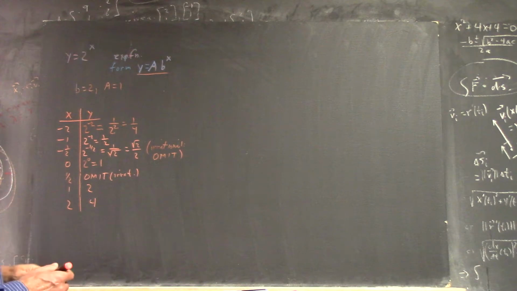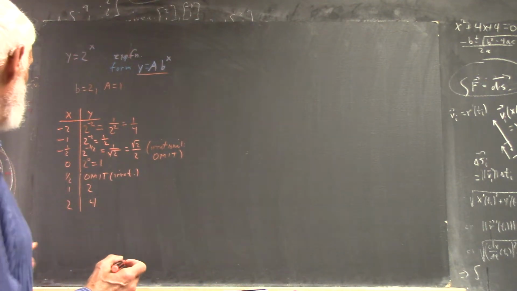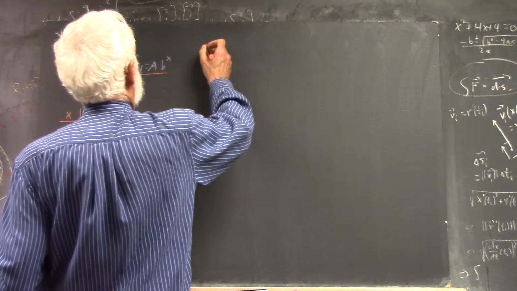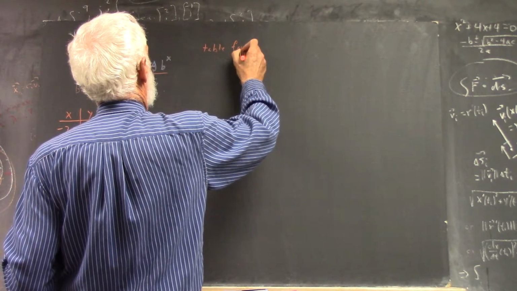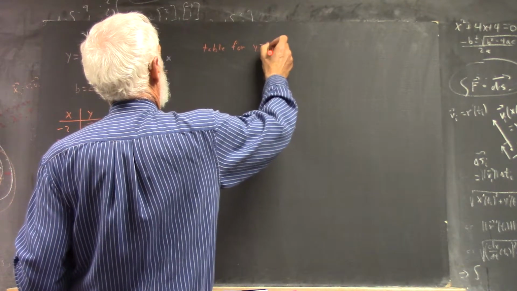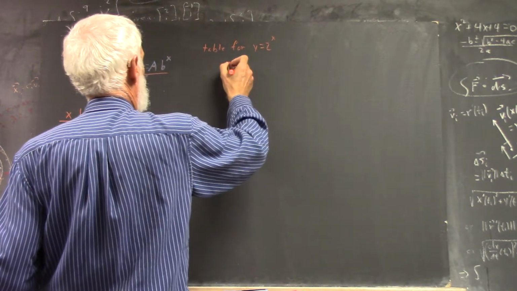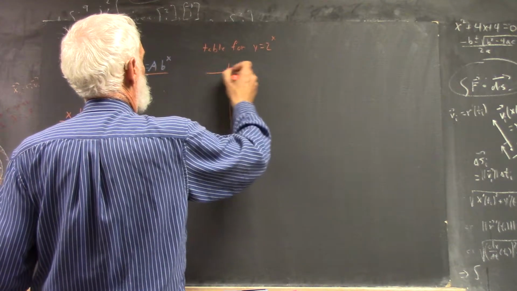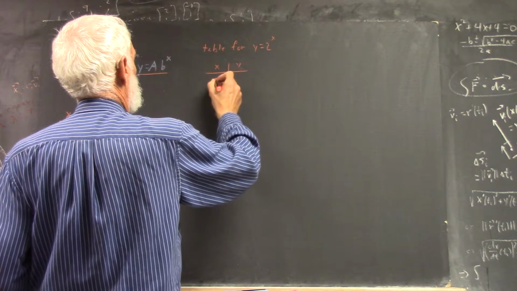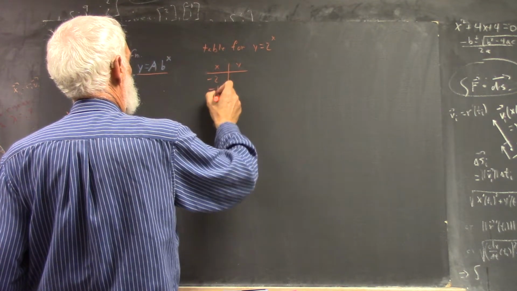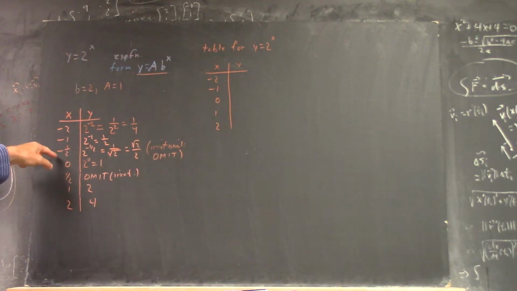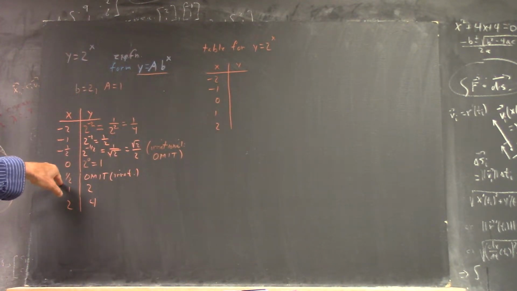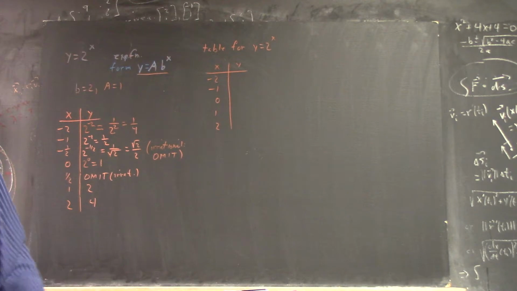Okay, I'm going to tell you what an inverse function is. So here's our table for our basic exponential function, y equals 2 to the x. I just omitted the whole negative 1/2 and 1/2 line because we can't evaluate it, and we know that.